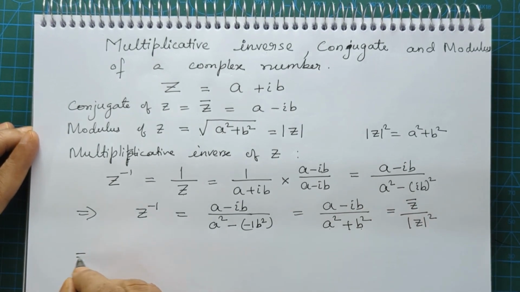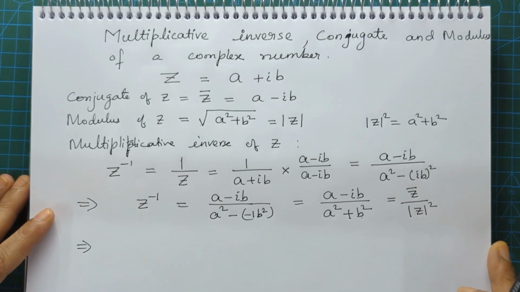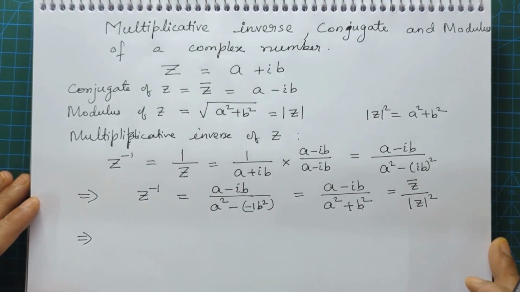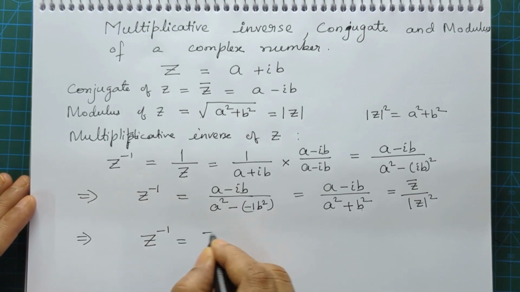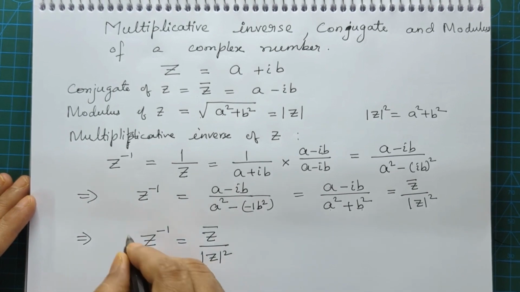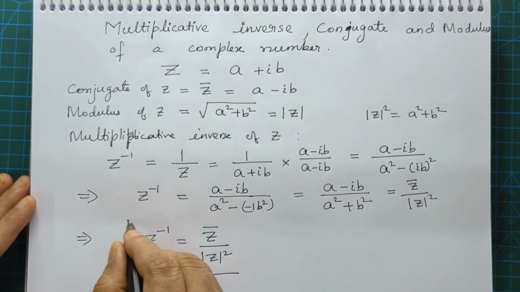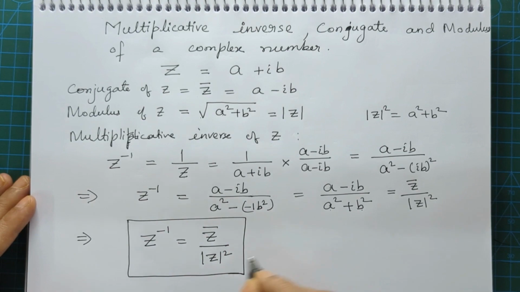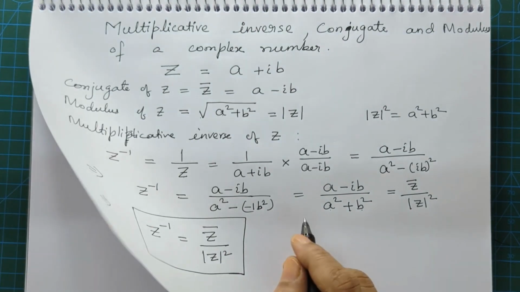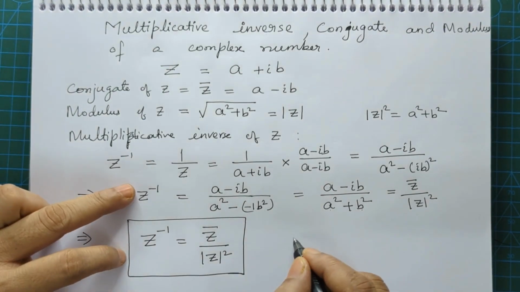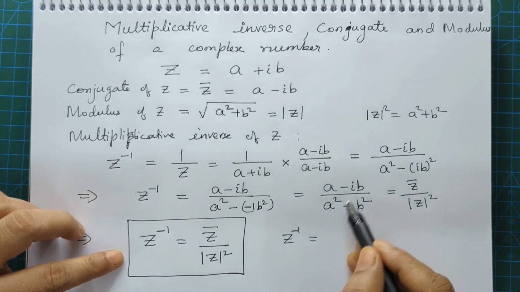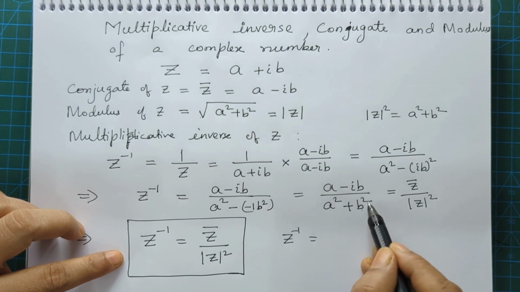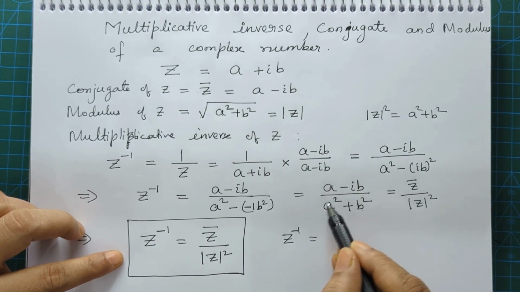So there is a common relation derived between the multiplicative inverse, conjugate and modulus of the complex number, that is, z inverse is z conjugate by modulus of z squared. We can use this expression while doing the application questions to find the multiplicative inverse of a complex number. Here z inverse is a minus ib by a squared plus b squared, so we can separate out the real part and the imaginary part.